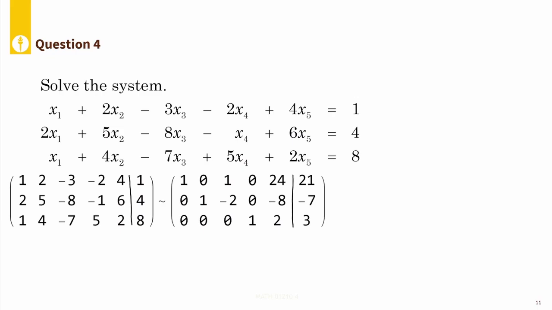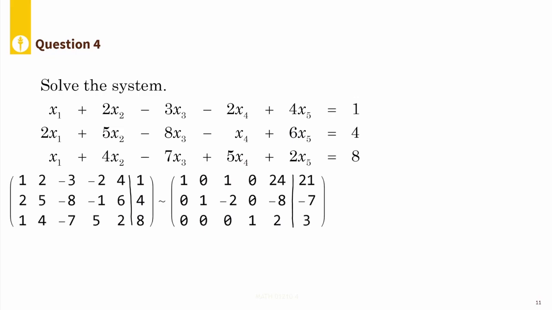So we're going to have an infinite number of solutions, right? How many free variables do we have? Two of them. What are they? X4 and X5.